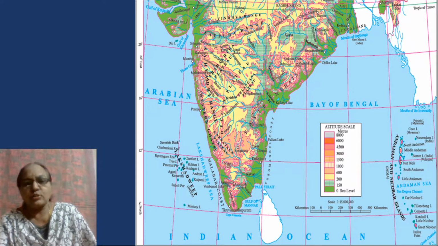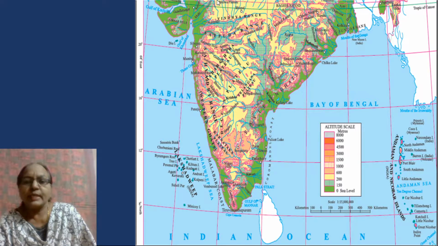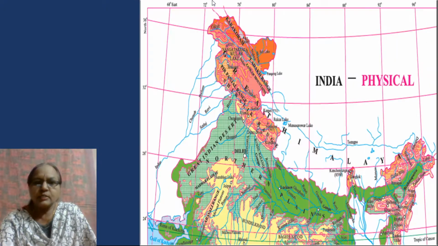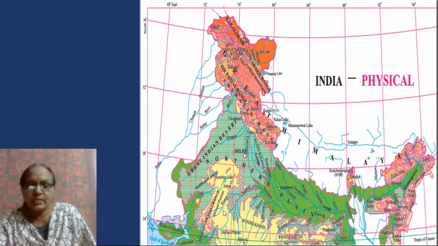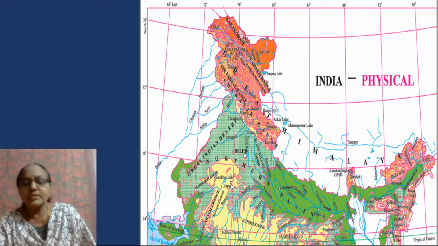Okay, let's get back to the map here. Now we have the Aravali mountain range. Okay, now can you see here? This is the Aravali Mountains, old fold mountains, and it stretches from the northeast to the southwest direction.